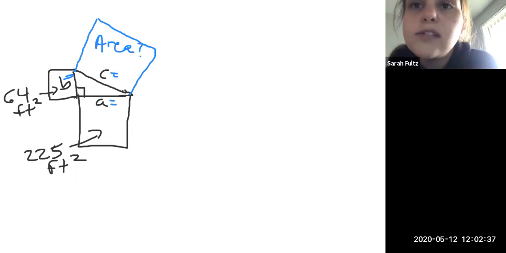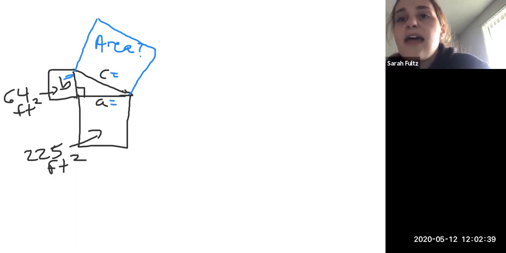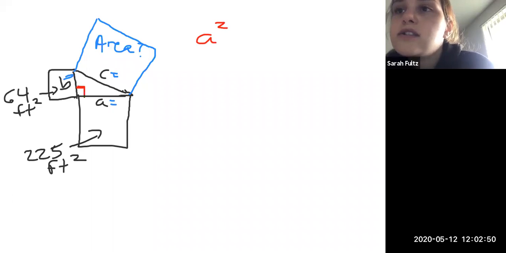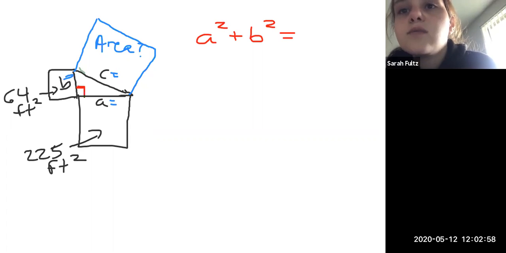All right, so we're going to use the Pythagorean Theorem. And that theorem says when we're given a right triangle, so we have a 90-degree angle here, the side lengths of the legs squared, so A squared plus B squared, is equal to the length of the hypotenuse, which remember is the long side across from the right angle, also squared.